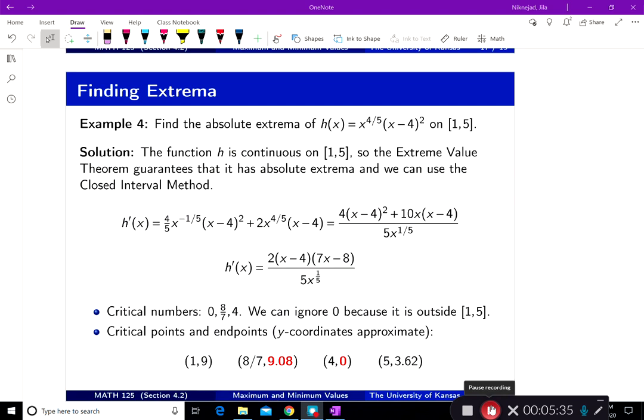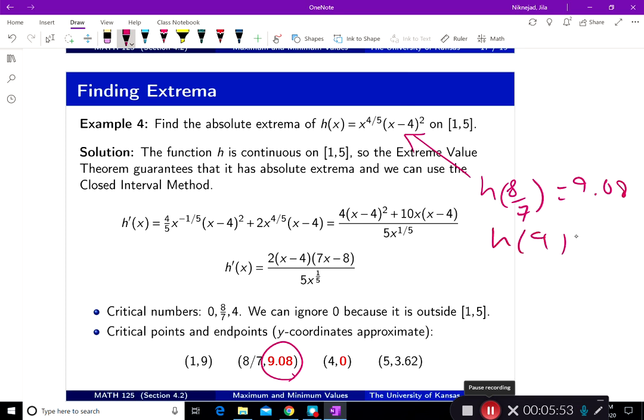Plugging in 8 over 7, the answer is approximately 9.08, and h at 4 gives us 0 because you plug it in.